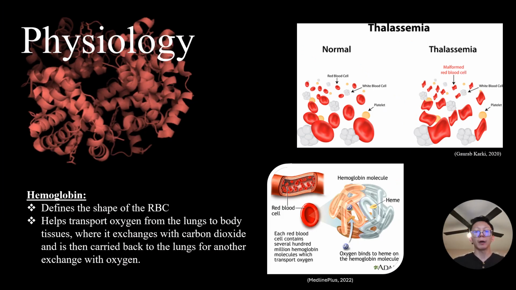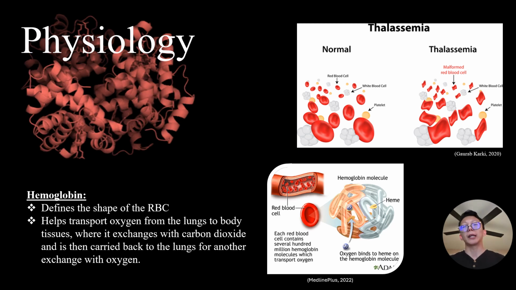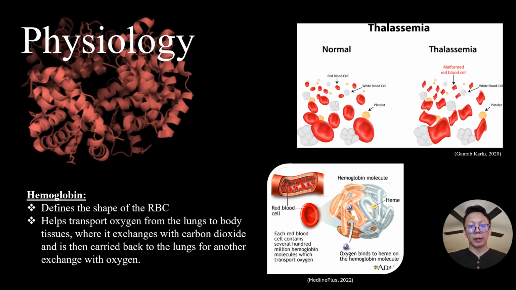Now, let's go ahead and go over physiology. Normal hemoglobin synthesis involves a series of complex biochemical pathways, including gene expression, RNA processing, and protein assembly, known as globin, as I have just recently mentioned from the previous slide. Usually hemoglobin is what defines the shape of red blood cells in our body.